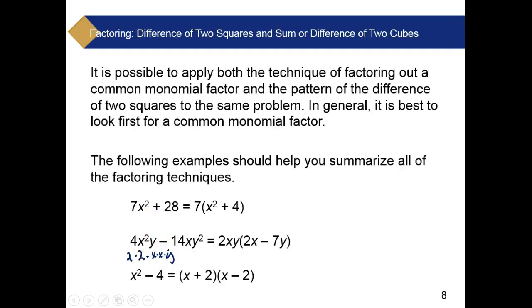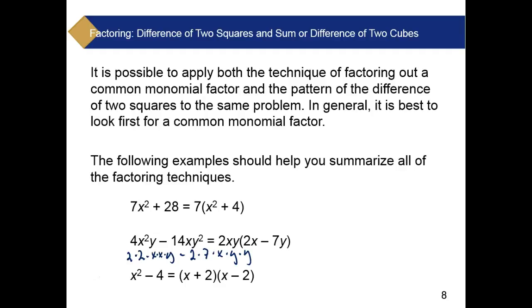That's 4x squared y. Minus 14 is 2 times 7 times x times y times y. Now this is a long way to do it, but if it helps you see it, do it. Now you look for common factors.